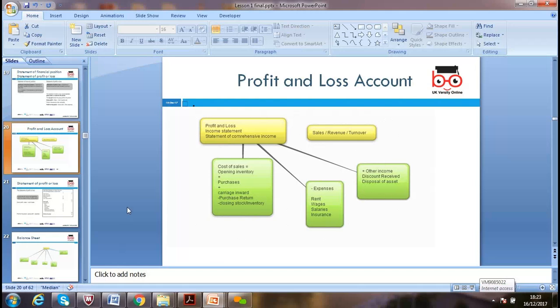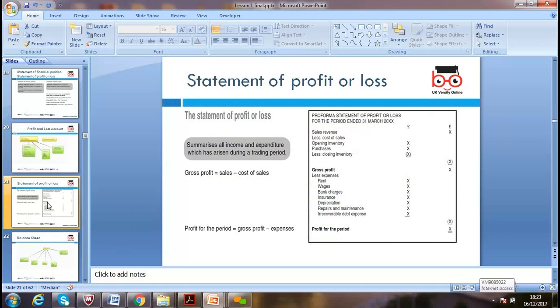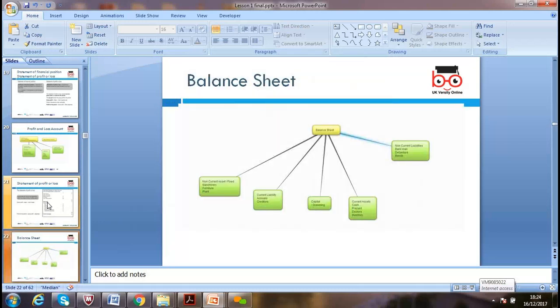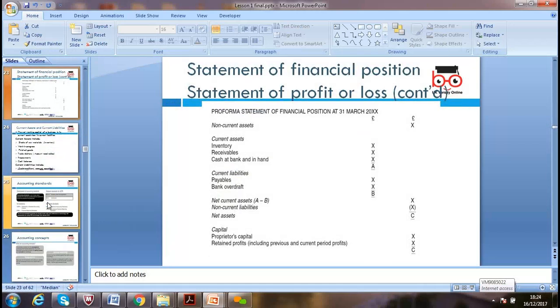Our normal business is hospitality, but we are doing some extra work. This is one layout of how the profit and loss is supposed to look, which we will go through in the following lesson, along with the balance sheet and its layout.